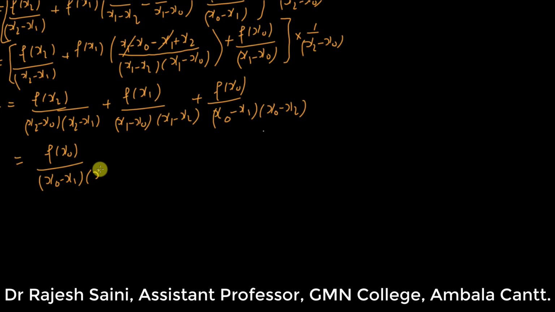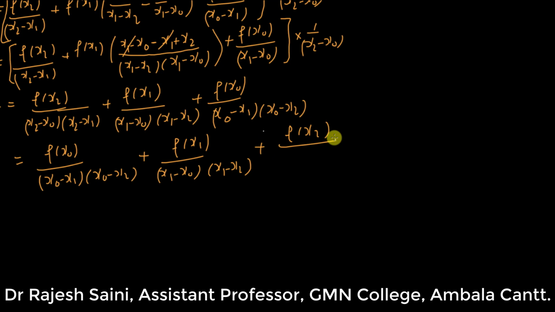Now we will try to understand the result, plus f of x1, that is x1 minus x naught, x1 minus x2, plus f of x2 divided by x2 minus x naught, x2 minus x1.